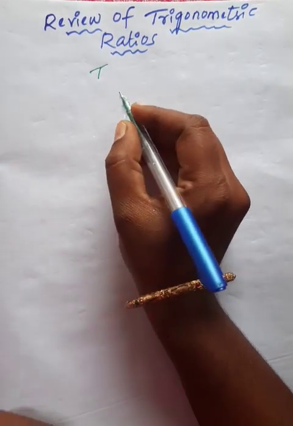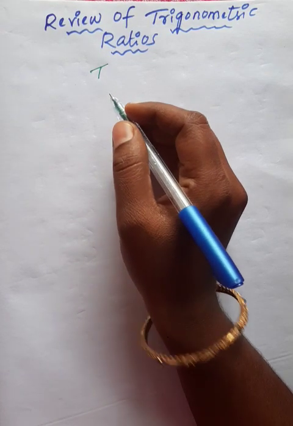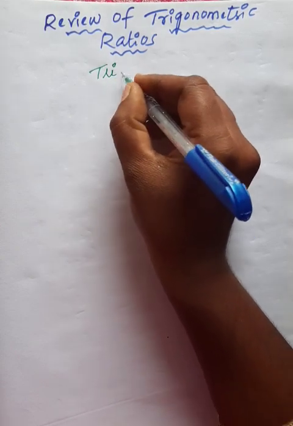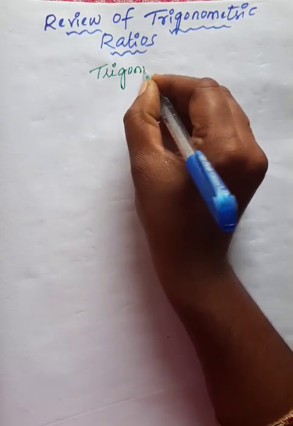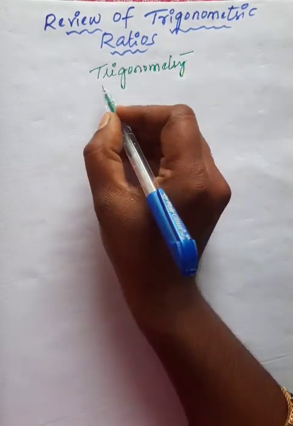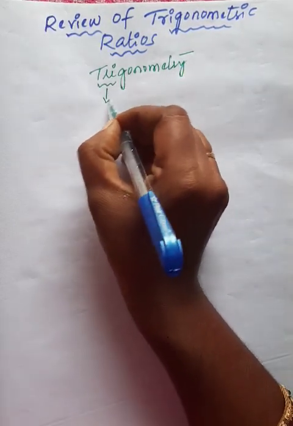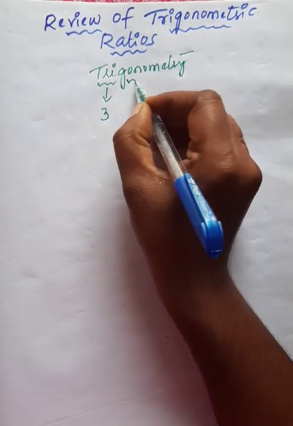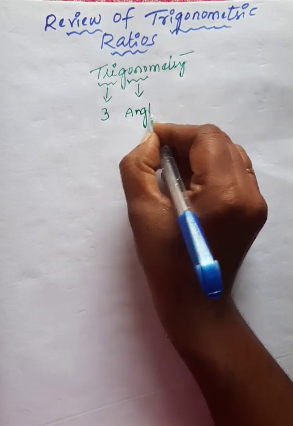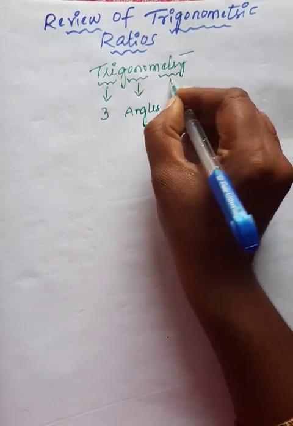derived from two Greek words. From this, tri means 3, gono means angles, metry means measurement.